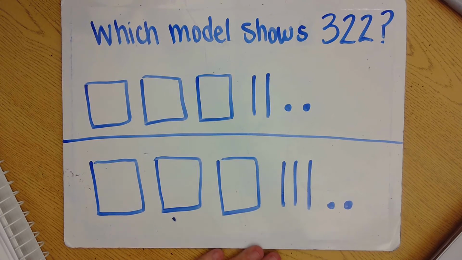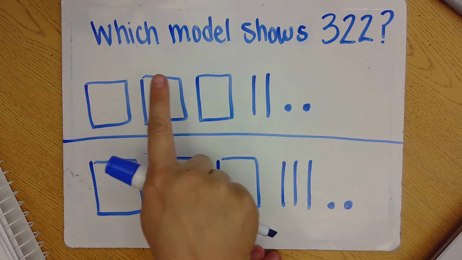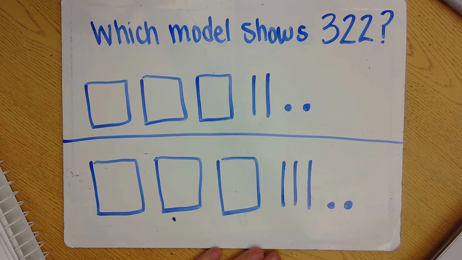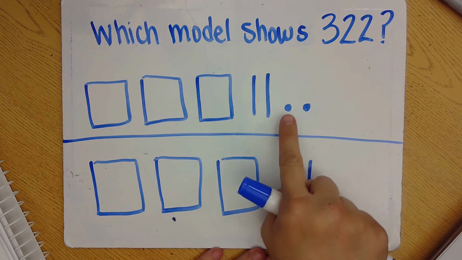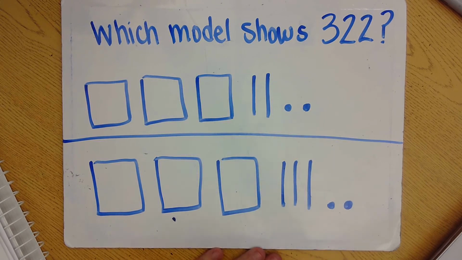All right, so which model shows 322? Well, I see 100, 200, 300, 100, 200, 300. So both of them have 300, 3 flats. Let's look at the cubes. 1, 2, 1, 2.